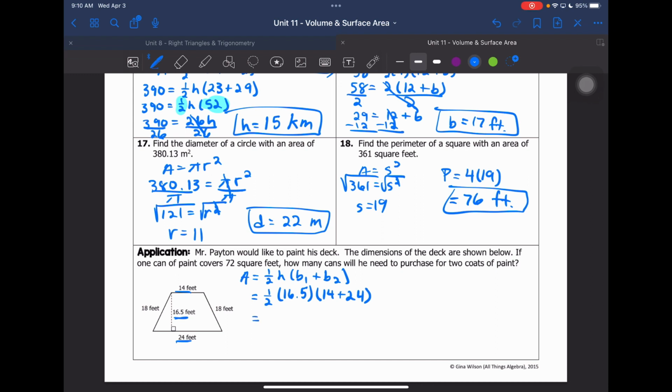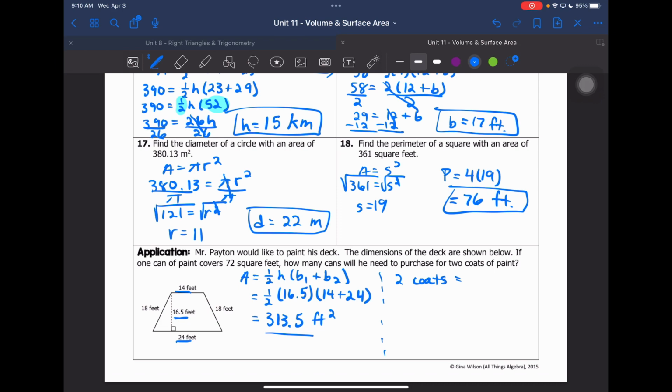So the area comes out to be 313.5 feet squared. And now we want to ask ourselves, well, how many cans will he need to purchase for 2 coats of paint? So he wants to essentially cover this twice. So because he wants 2 coats, we're going to take this number times 2.